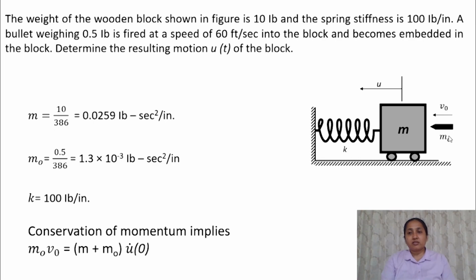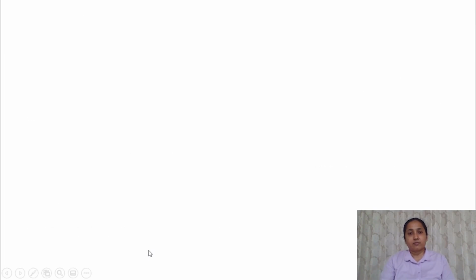After impact, this mass gets embedded into it, so the total mass will be m plus m naught, and it will move with a new velocity u dot naught. So we can find out that initial velocity, which would be m naught v naught divided by the total mass. If you solve this, you will get the initial velocity.